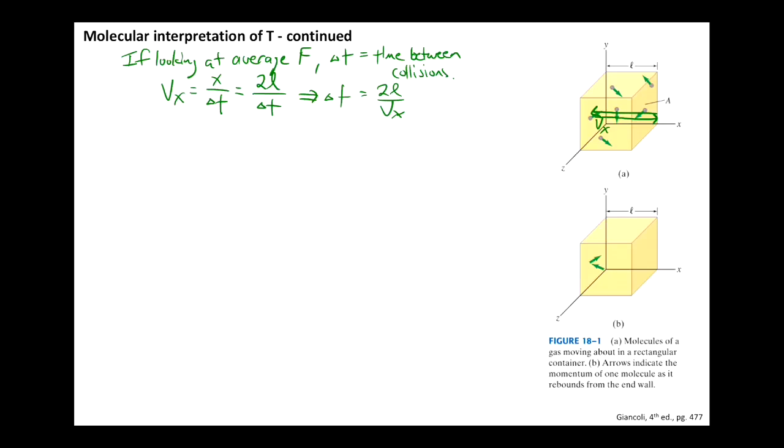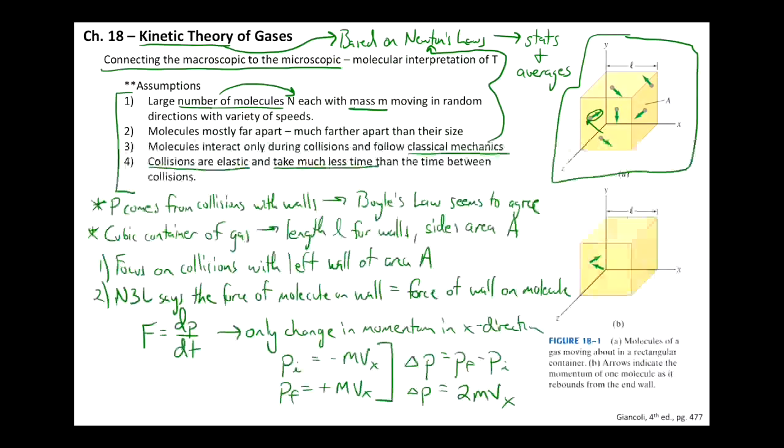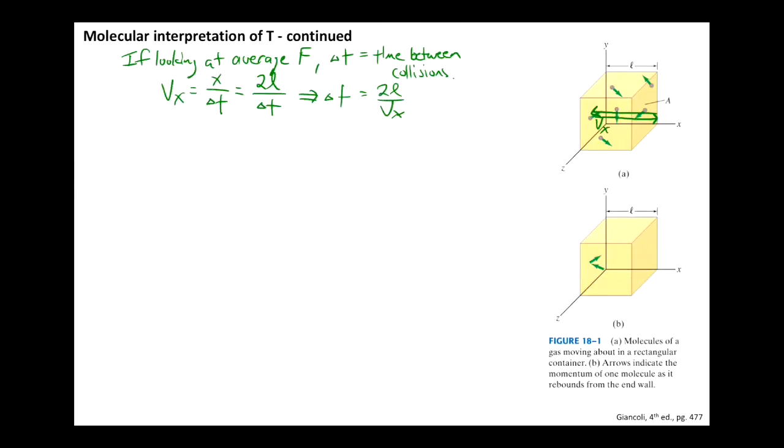We're going to take these two equations now and put them back together in this force equation. I have a numerator and a denominator, so I can write an equation for the force at this point. The force is dp dt, or we could rewrite that as delta p over delta t. Let's plug in these two equations we have for the change in momentum and the change in time. What was delta p?